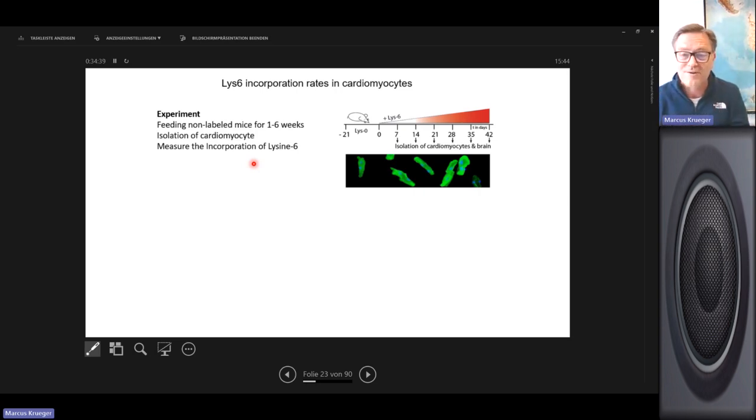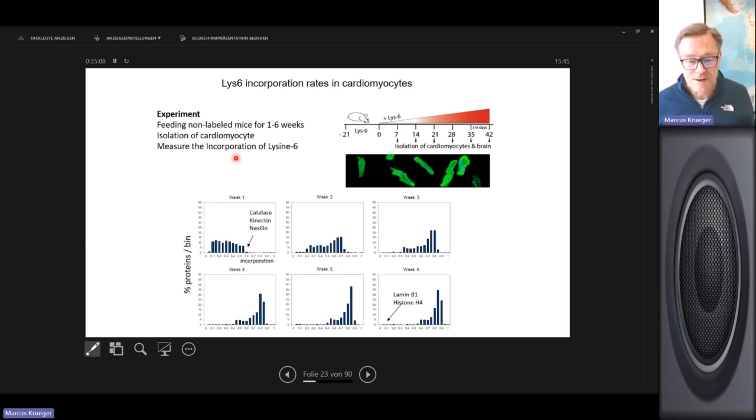So we isolated postmitotic cardiomyocytes from an adult mouse which we had fed for 1 to 6 weeks with lysine 6. We isolated the cardiomyocytes after every week, and also the brain, which I will not talk about today. We then see the incorporation of lysine 6 and which proteins are labeled faster or more compared to those which are less labeled.